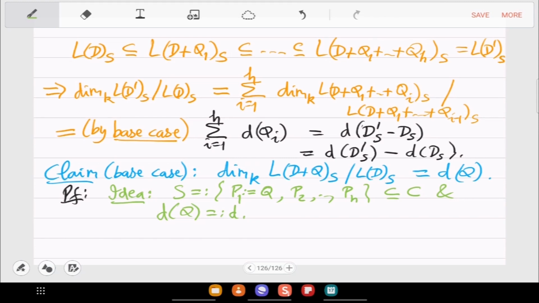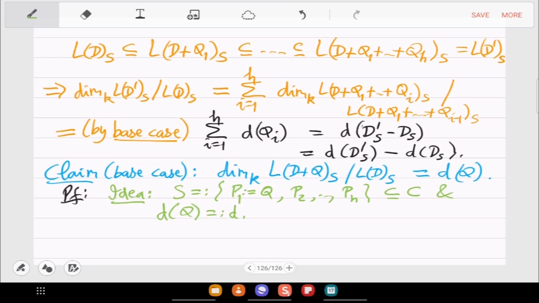So when you add another constraint for the functions that you are looking for, basically the constraint is this minus Q that you are adding in the constraint. So how much does the set of functions grow? You want to show that they grow by exactly d, the degree of that point. In particular, think of degree being 1.